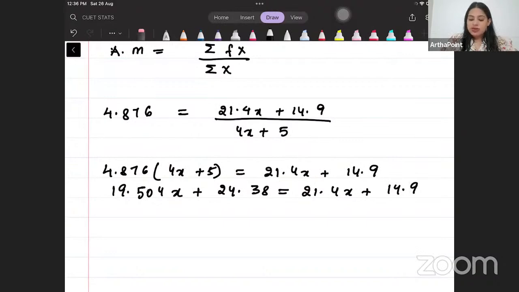Anyone who has done this already? Minus 19.504, 1.896x.